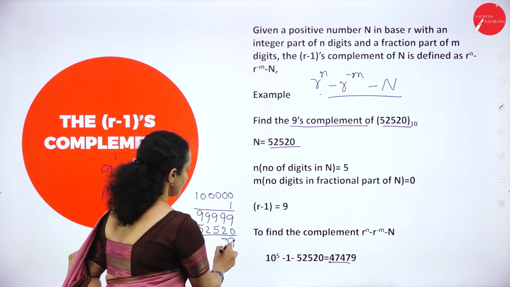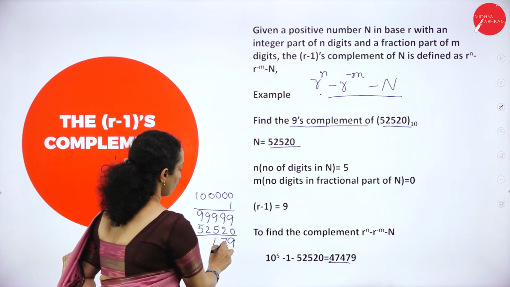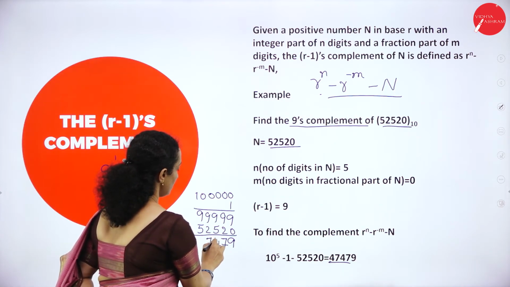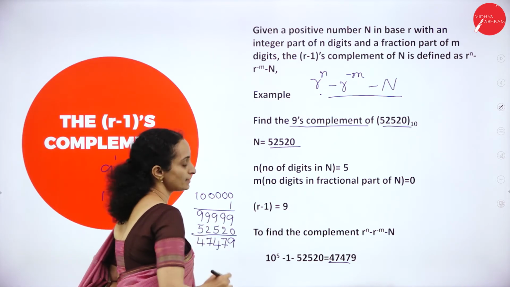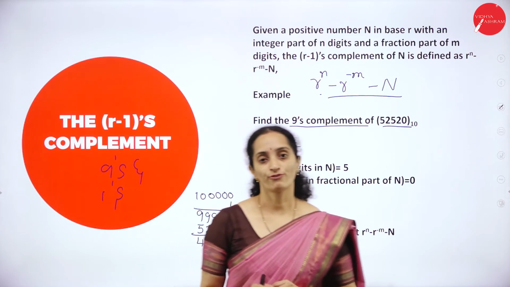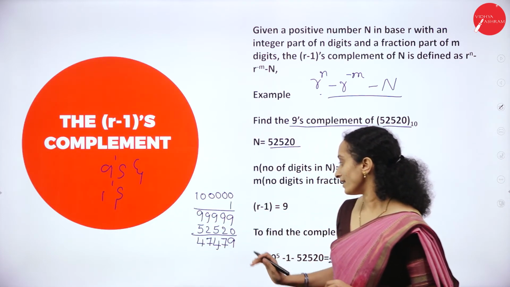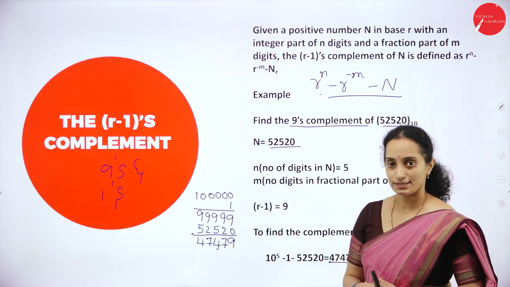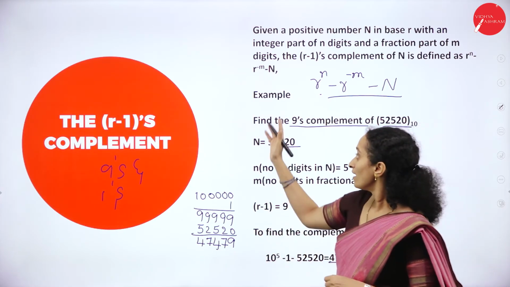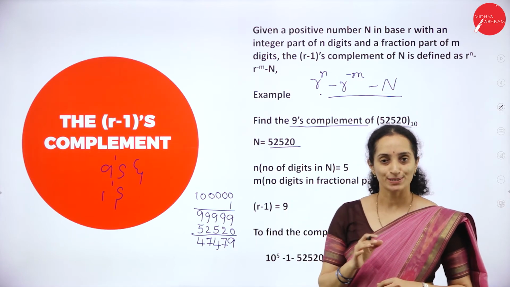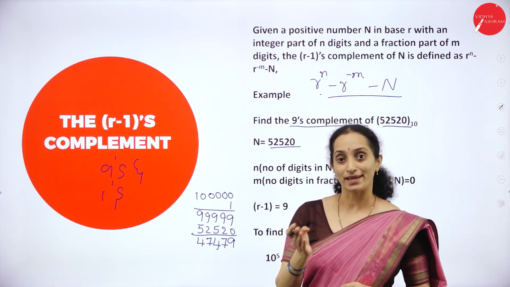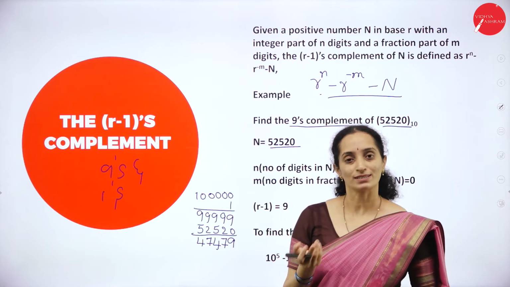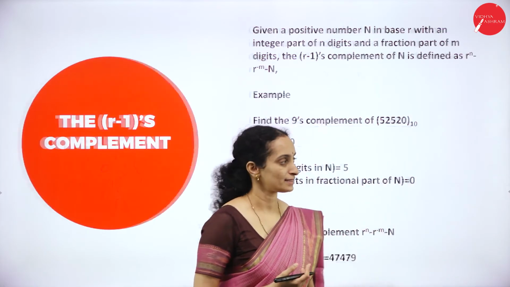The result is 47479. So this is the result of the 9's complement. It is not the 10's complement; it is the 10 minus 1's complement, so it is the 9's complement.